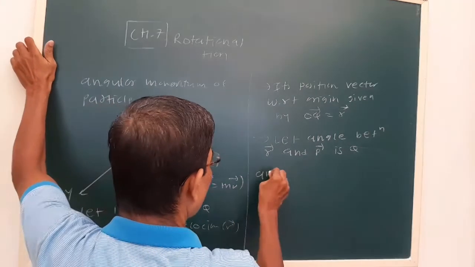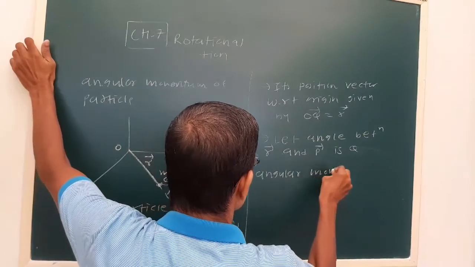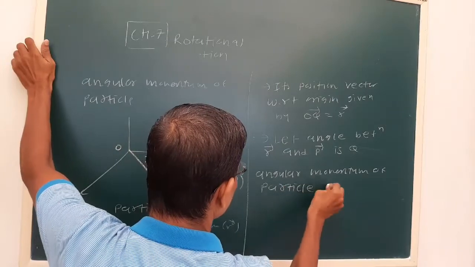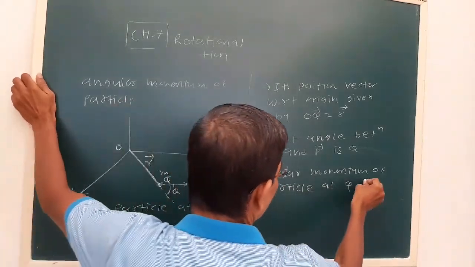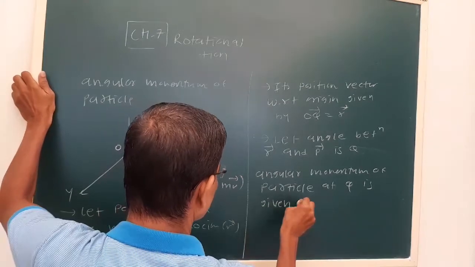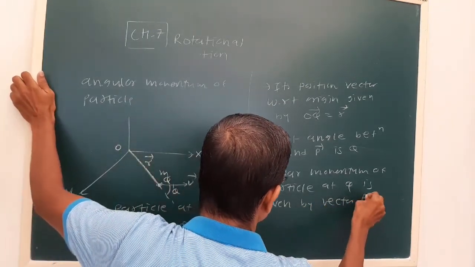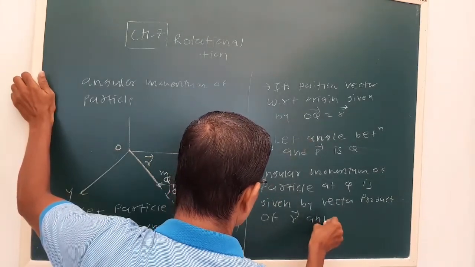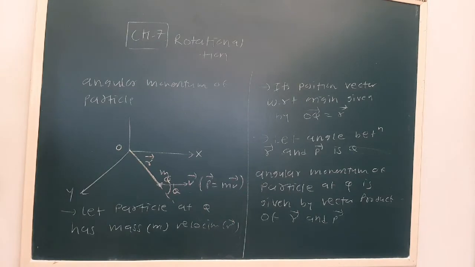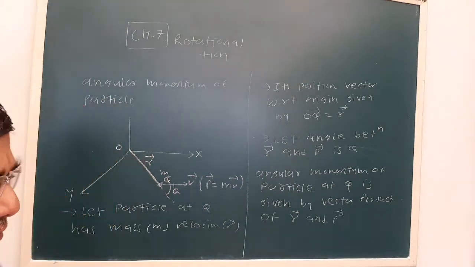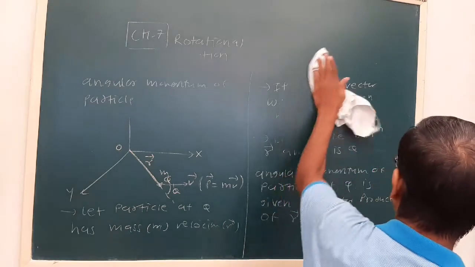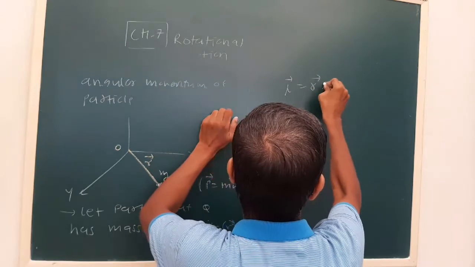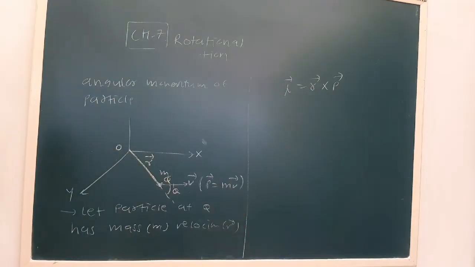So we can write the angular momentum of the particle at Q is given by the vector product of R and P. Angular momentum L is R cross P.